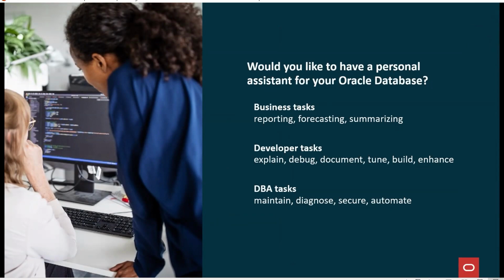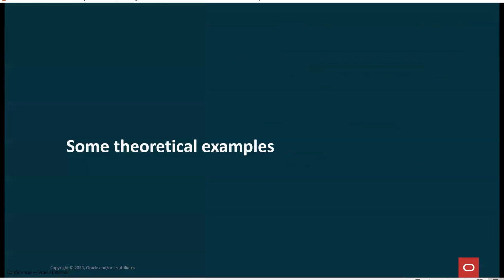AI is not just for developers. Today's modern LLMs are great at working with Oracle via SQL, PL/SQL, and its APIs. Let's imagine a few scenarios together so we can see what's possible today, not tomorrow, with your existing Oracle databases and your favorite LLMs. Let's take a look at some theoretical examples.